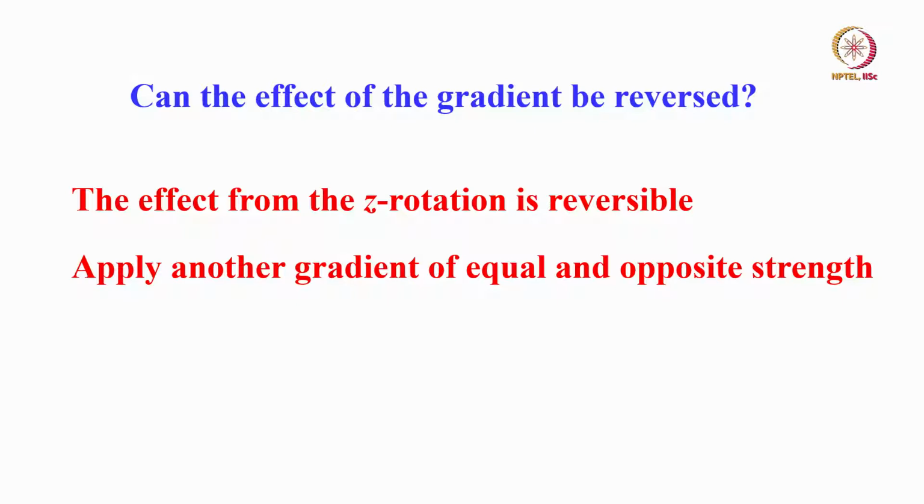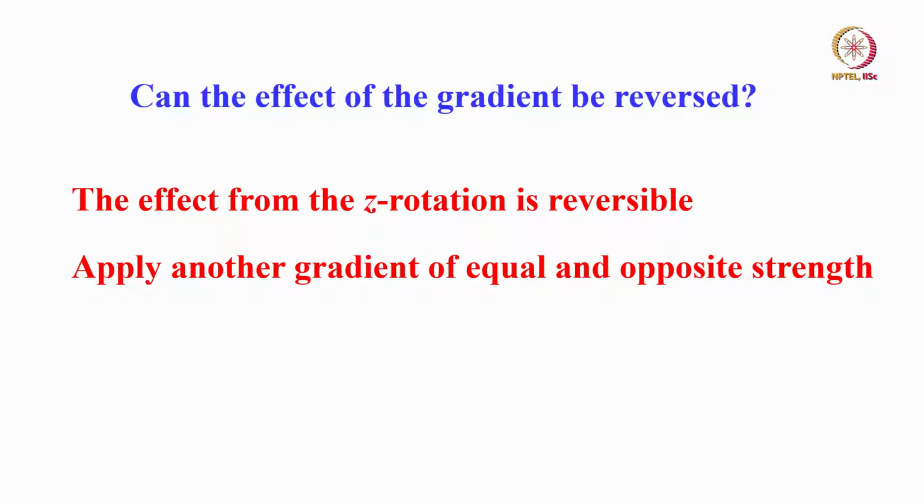How do you do the reversing? Can we completely reverse the effect of the gradient, so that if you reverse the z rotation, whatever is dephased can be rephased? We understood that G1 and G2 should be of the opposite sign.